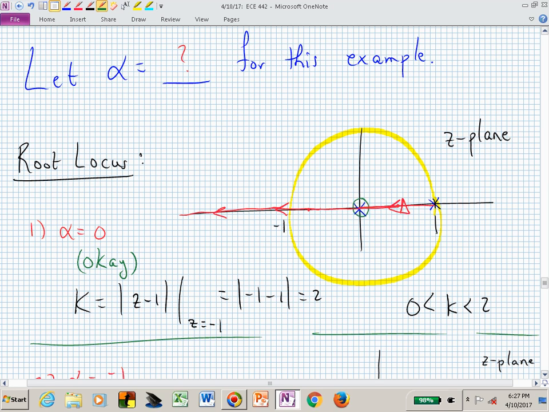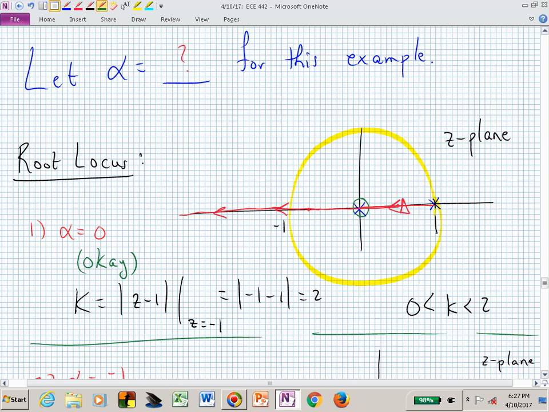We can pick k anywhere between 0 and 2, and we may not want to put it much bigger than 1. We may not want it to be on the real axis between 0 and -1. We may want to keep k, let's say, evaluate that at 1/2 so that k is equal to 1/2, and that might be a better choice. Is that clear? For that choice of alpha.